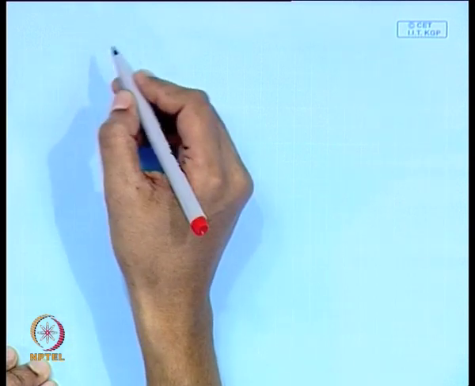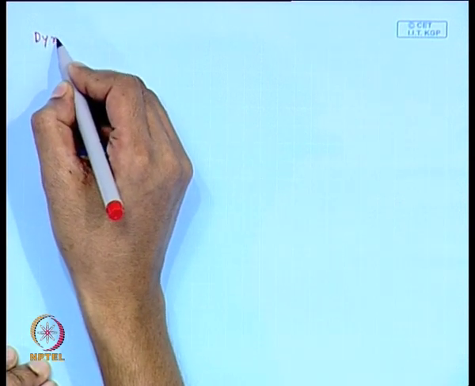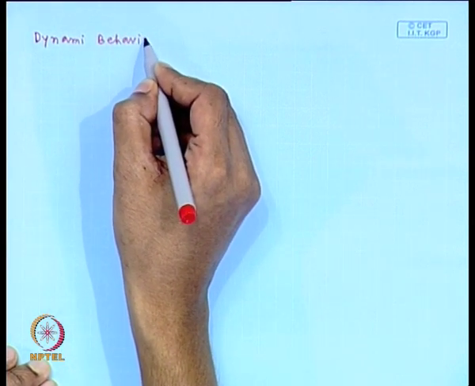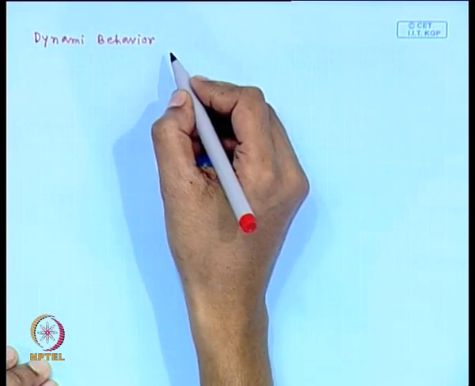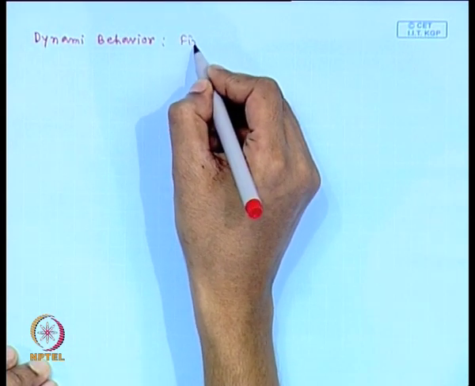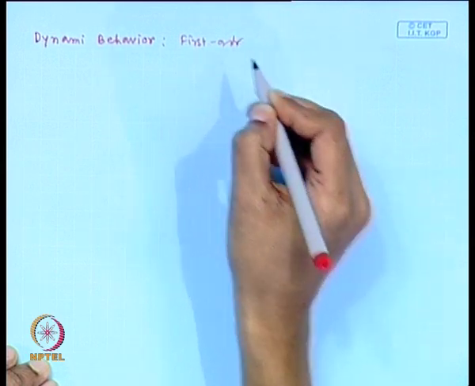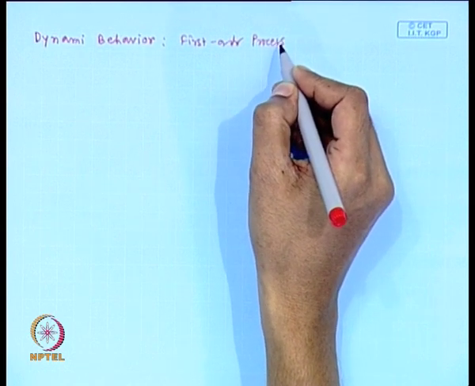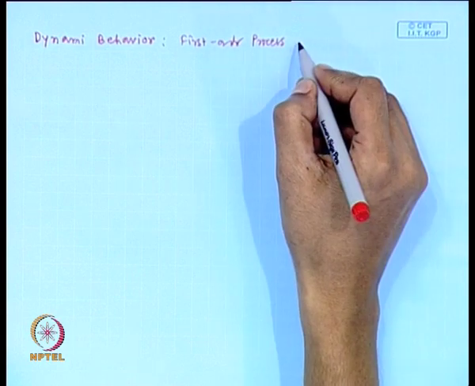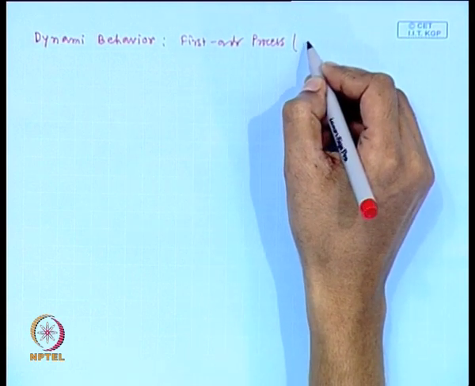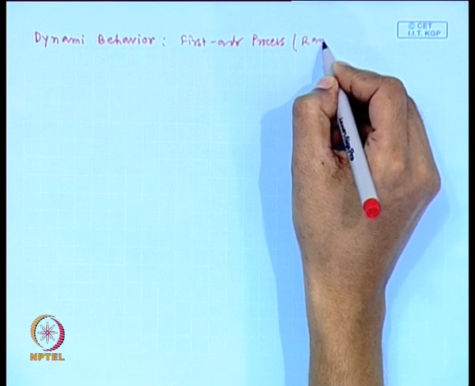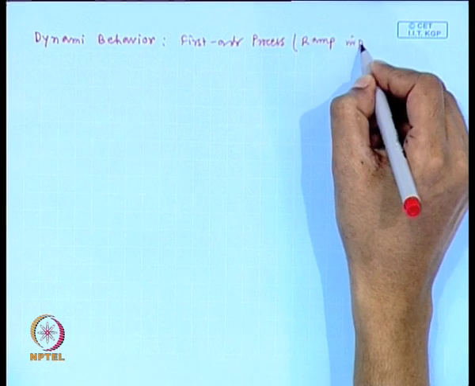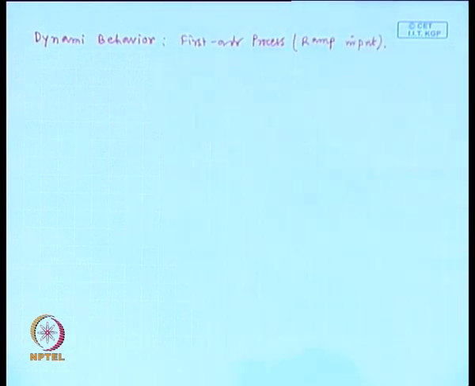So, the next topic is dynamic behavior, and we will consider a first order process, and we will change the input as a ramp function.